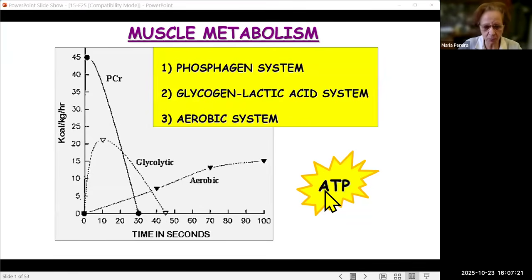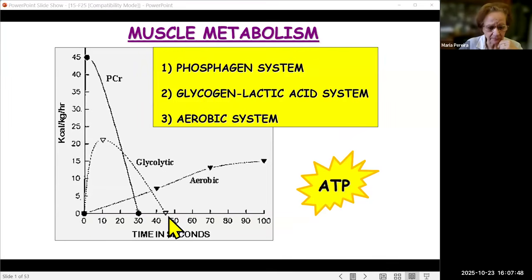Okay, and of course, as we describe this and discuss this, we're talking all the time about ATP. So ATP is very important, of course, for muscle contraction. And so the muscles have three ways of getting ATP. The ones that you already know and are familiar with, which is the glycolytic pathway. This pathway occurs outside the mitochondria. And remember, it only produces 2 ATP from one molecule of glucose.